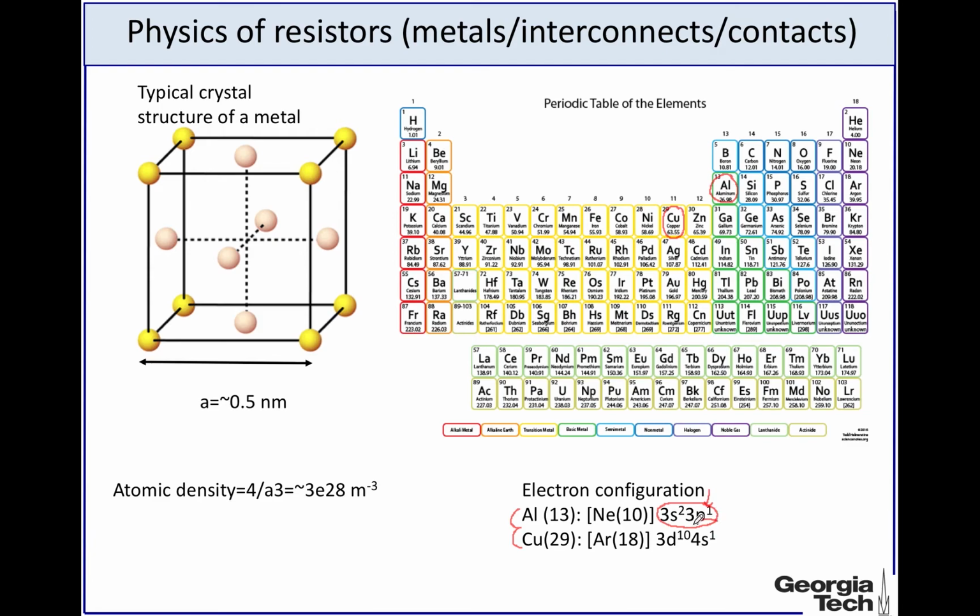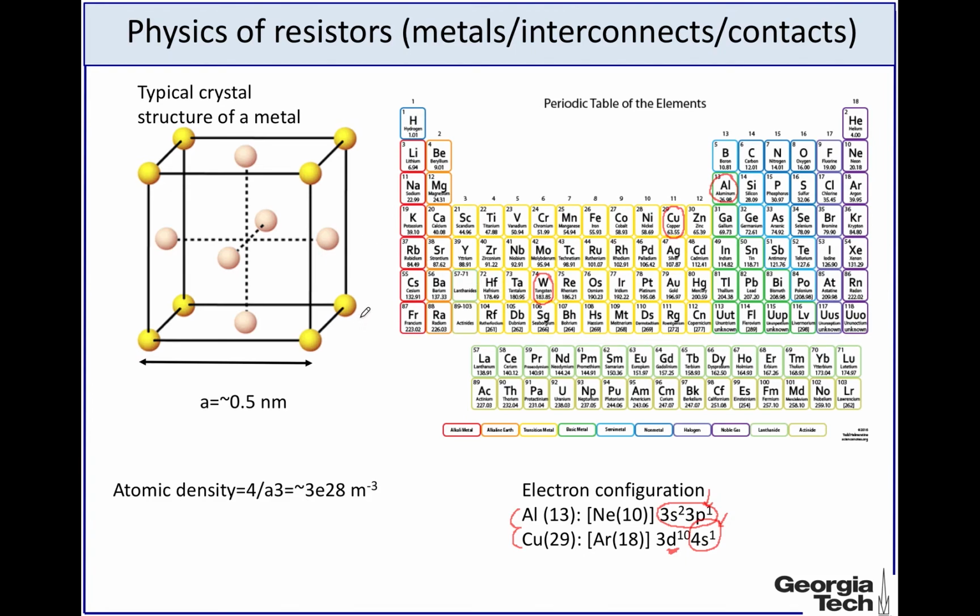For copper we have this 4s1 in the outermost shell, and this is also what participates in conduction. It also has 10 electrons in the d shell, but the d shell is usually full, so it's just this 4s1 electron that participates in the conduction. Another material is tungsten over here, which is also used in some of the most advanced nodes.